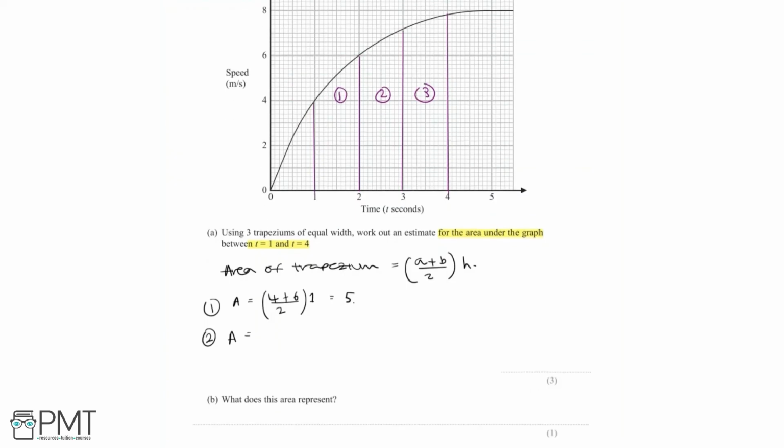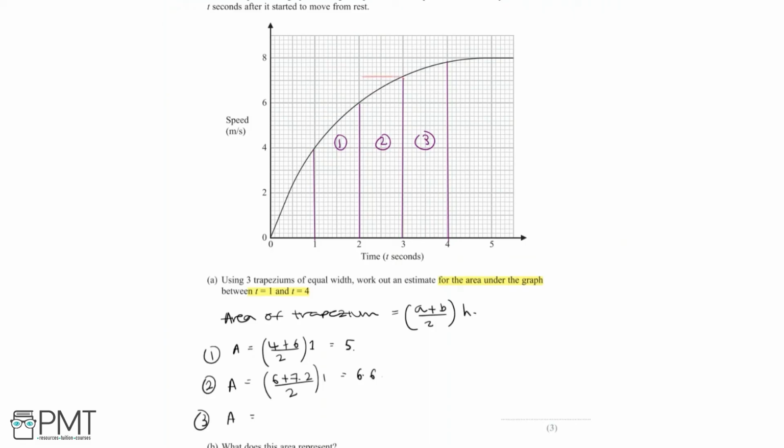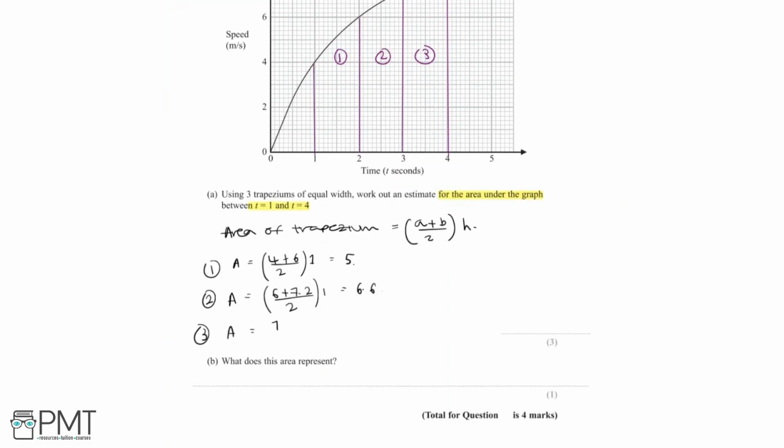And so we can say that the area is 6 plus 7.2 divided by 2 multiplied by 1, which is equal to 6.6. And finally for trapezium 3, the area would be equal to 7.2 plus 7.8 as a and b, so 7.2 plus 7.8 divided by 2 multiplied by the height of 1, which is equal to 7.5.